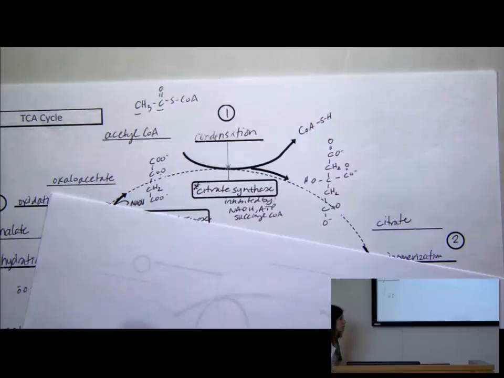Now, I didn't have room to do double arrows or single arrows, but we know that this is going to be a single arrow because it's the negative delta G. It's exergonic. If you have the notes, you can see the structure of citrate if you have trouble reading what I have here.